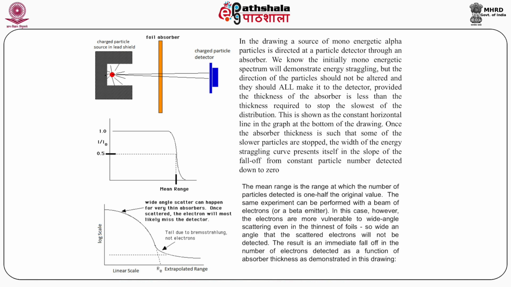In the diagram shown in the slide, a source of monoenergetic alpha particles is directed at a particle detector through an absorber.